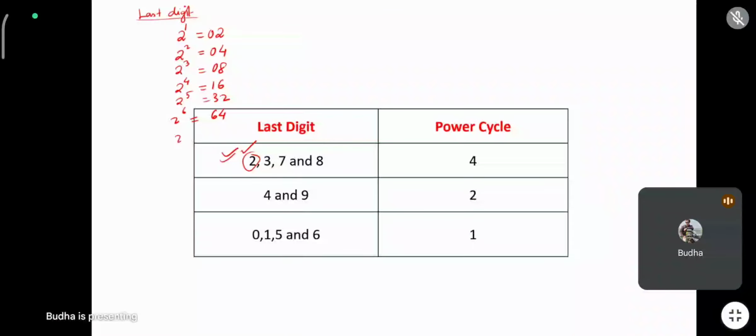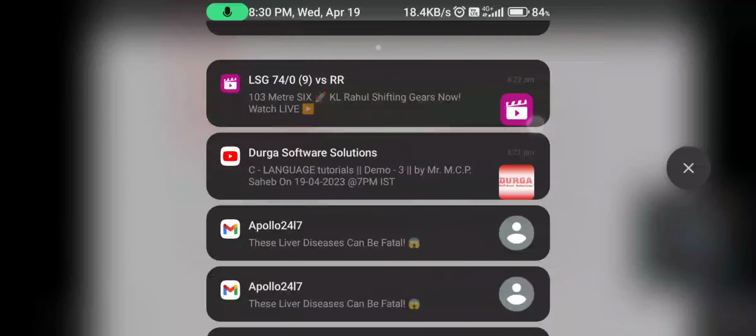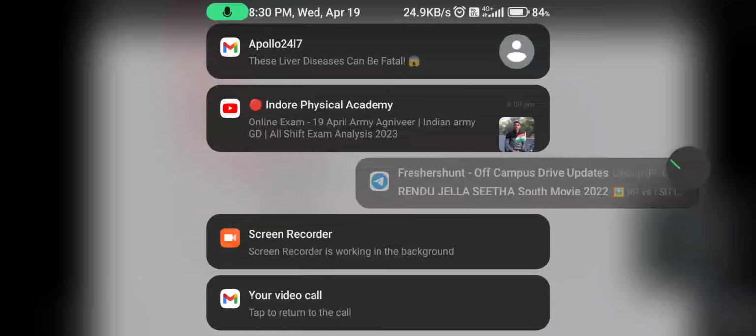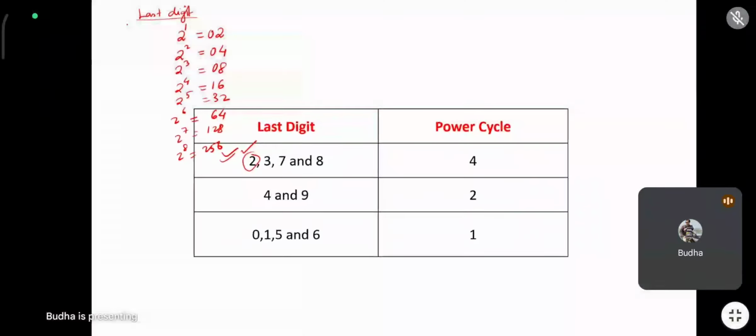Perfect. Do you observe something? Something is happening. Look at the last digit. That 2, 4, 8, 6 is repeated after every 4 digits. Exactly. Always 2, 4, 8, 6 is coming in.